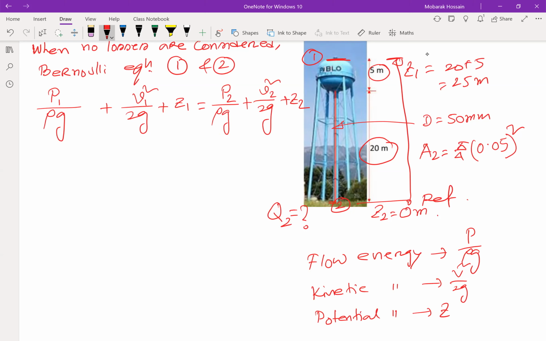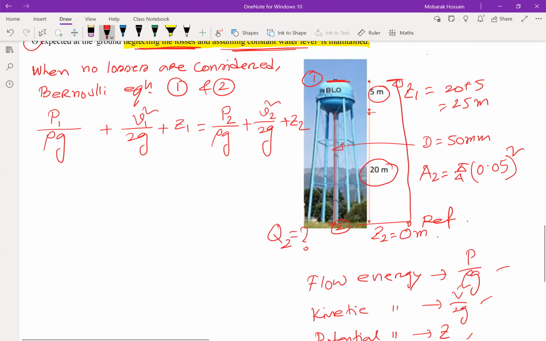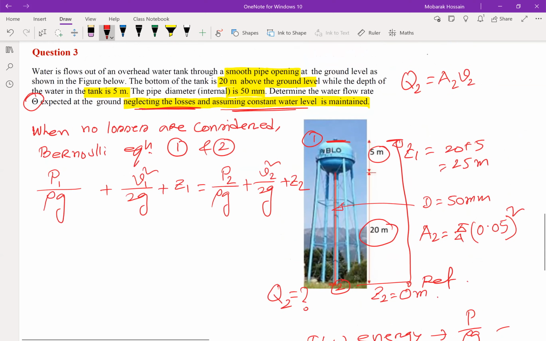If you go to the lecture video, you will see the detailed explanation given for each part. So in our case, we select point 1 above the tank and another one at the ground level.